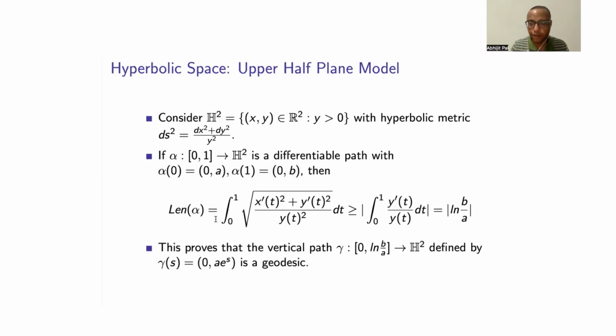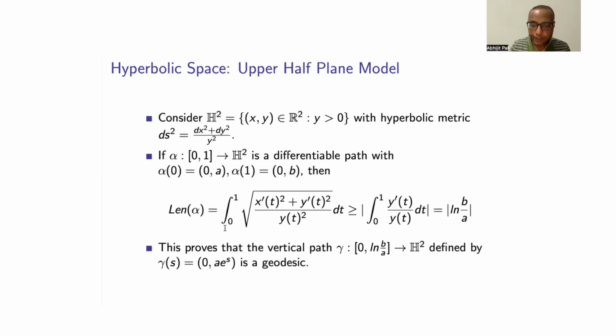And this length of alpha, we have proved, is greater than or equal to the absolute value of log b by a, where alpha(0) is the ordered pair (0, a), and alpha(1) is the ordered pair (0, b).